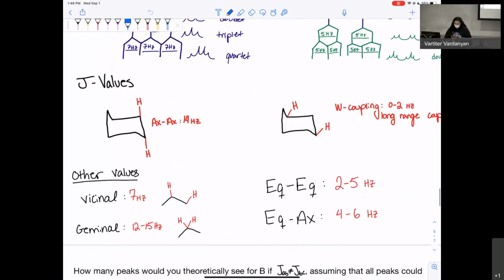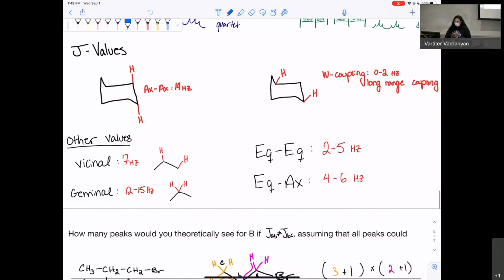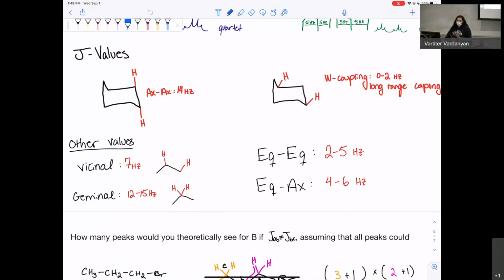Okay. J values. To be completely honest, I do not care enough to go into more detail than just showing you this because that's a waste of all of our times. I know one person is going to ask me, how would he ask you this on the exam? He will draw this picture and he will say, what is the coupling constant? 14.